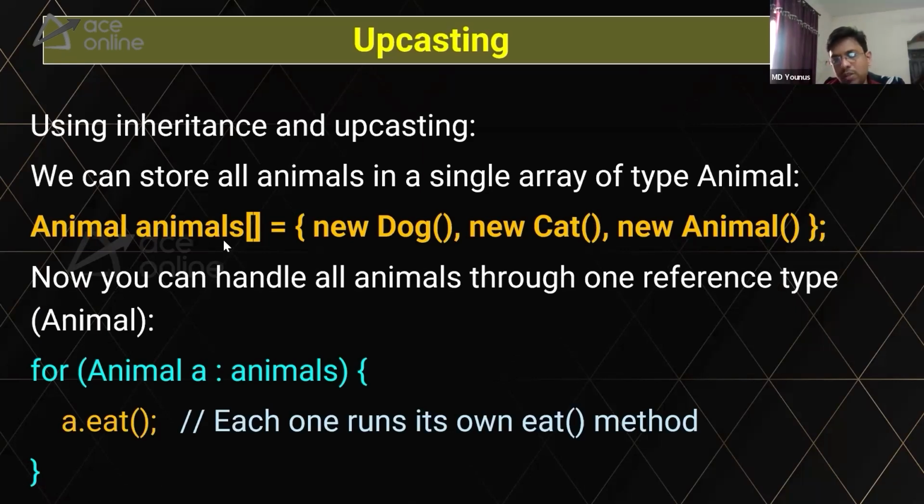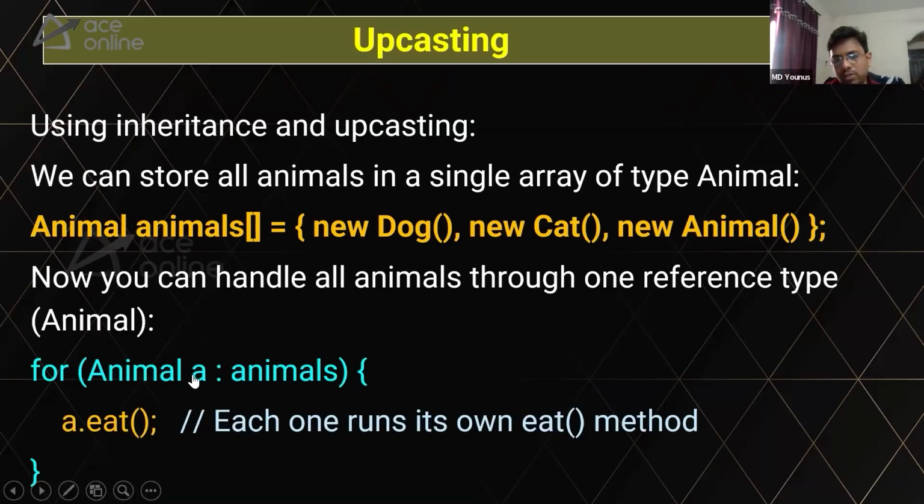So this is the main benefit of upcasting or runtime polymorphism. Why do we call it runtime polymorphism or late binding? Because it will be decided at runtime what it's pointing to. First time in the for loop, if I'm getting the Dog object, so Animal a contains the Dog object, so it will call the Dog method, the Dog eat method.